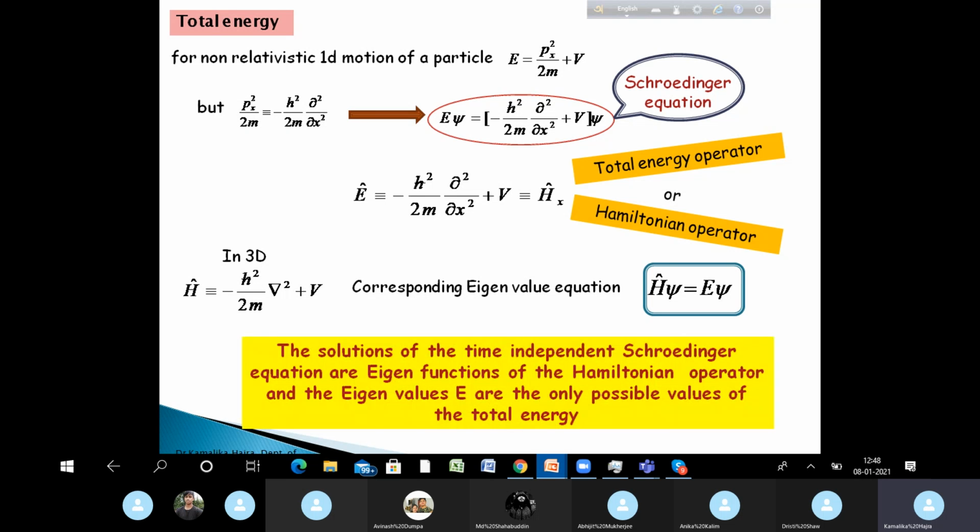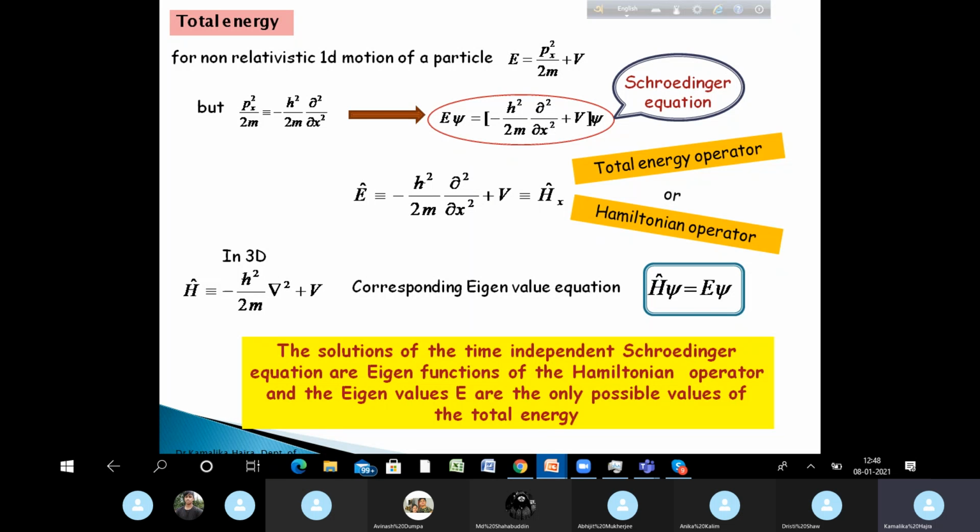So basically, the solutions of the time-independent Schrodinger equation are the eigenfunctions of the Hamiltonian operator, and the eigenvalues E are the only possible values of the total energy that the system can have. This is a very, very important statement. So please note this down very carefully.